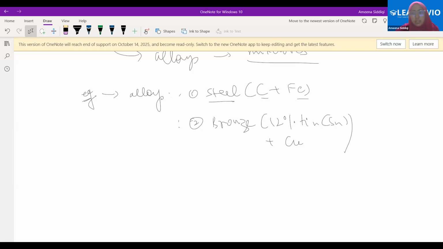The percentage is 12%, I've written it here, beta. 12% of tin, that is Sn, and the rest is copper, like majorly. So, ma'am, the solvent is copper. And the solute is tin. The symbol is Sn, okay? Is this clear? Yes, ma'am.